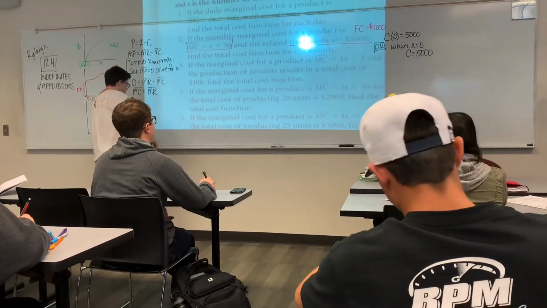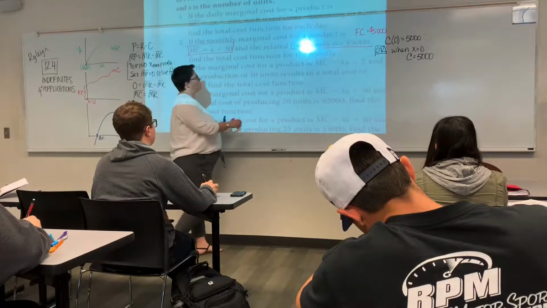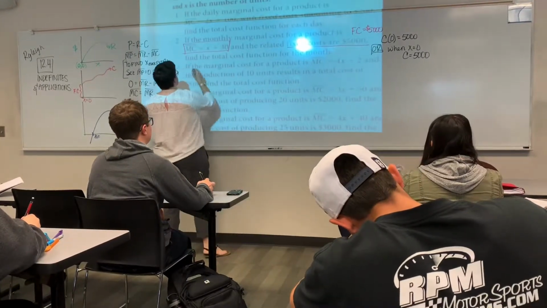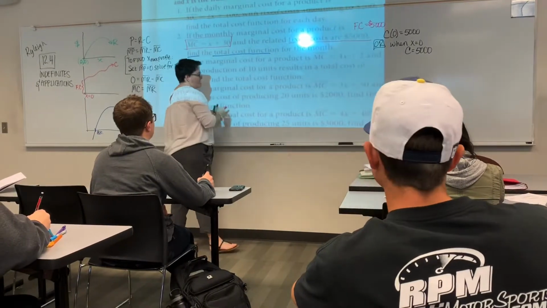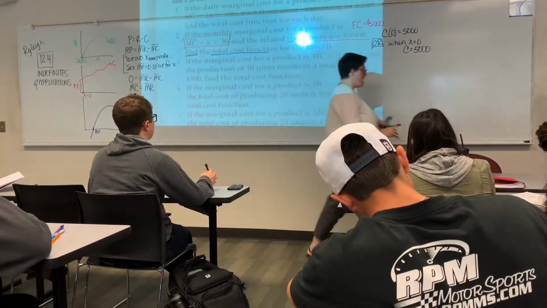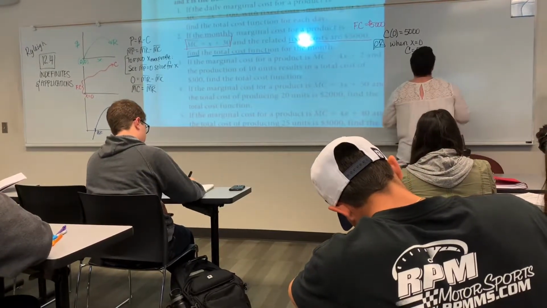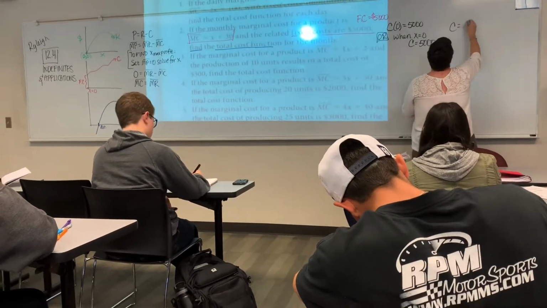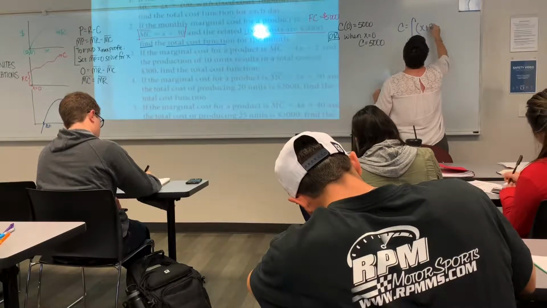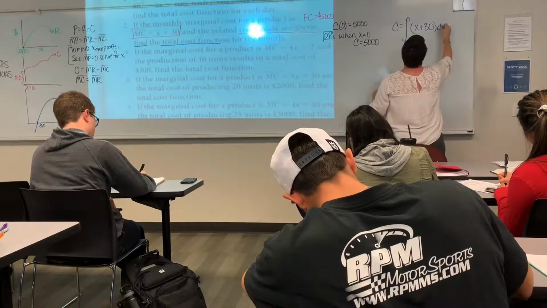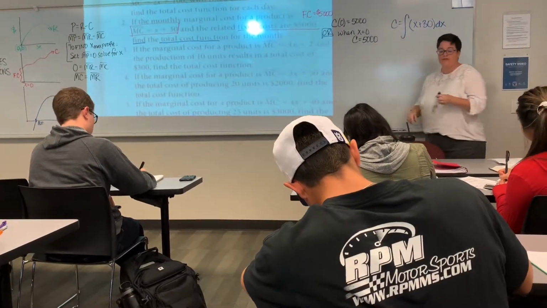If I'm going from marginal cost to total cost, which is what it was asking us to find, the total cost function, how do I do that? Yeah, integrate. So cost is going to be the integral of X plus 30 with respect to X. Don't overthink it, peeps.